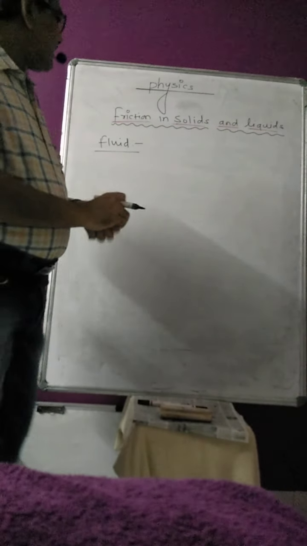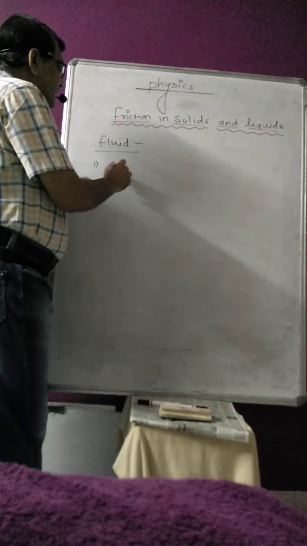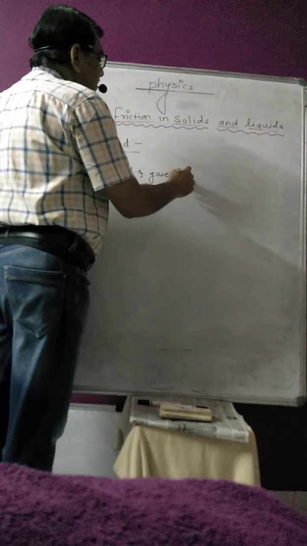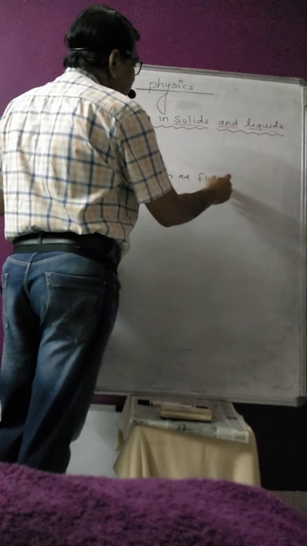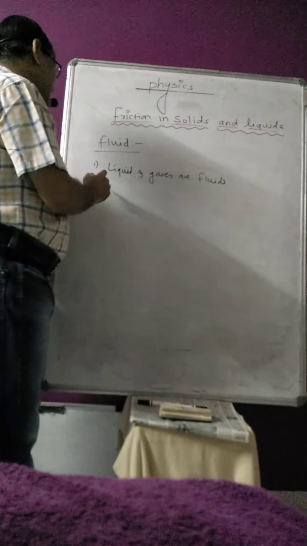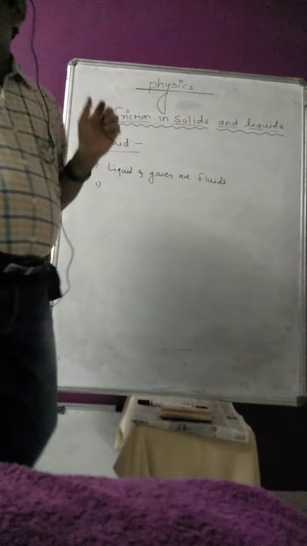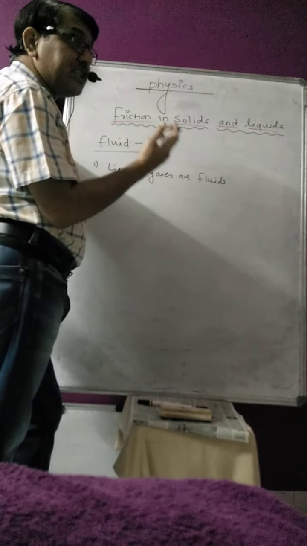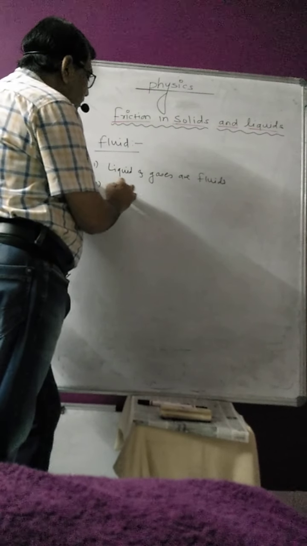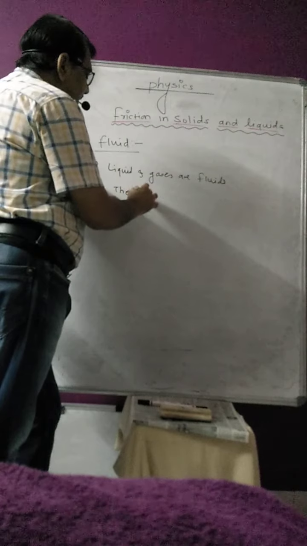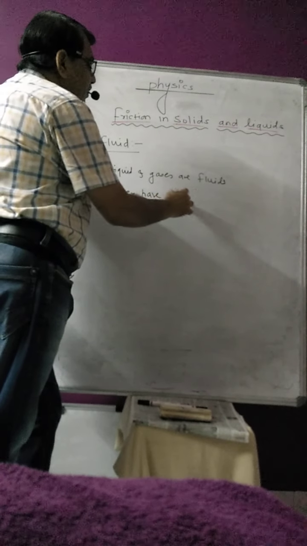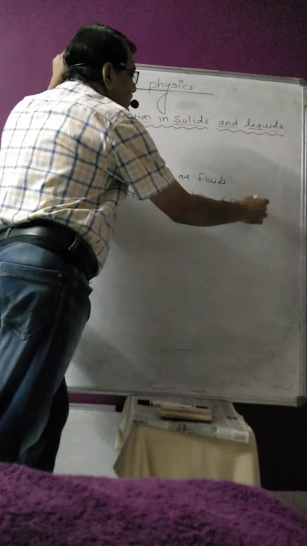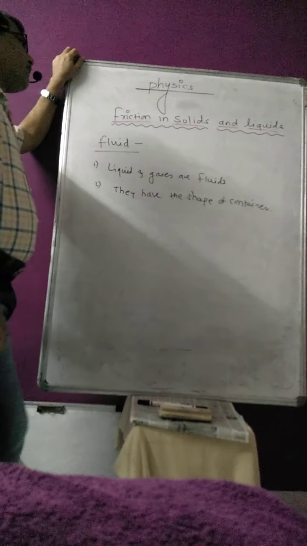Generally, liquids and gases are the best examples of fluids. Now, what are the other characteristics of a fluid? Fluids do not have their own shape, but they take the shape of the container.